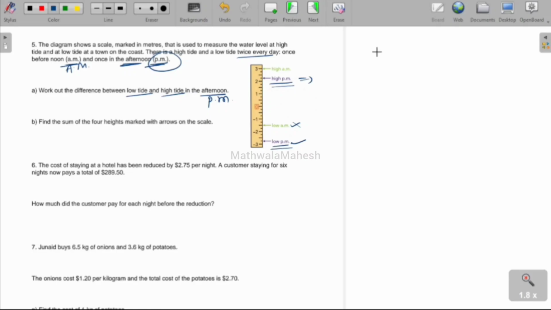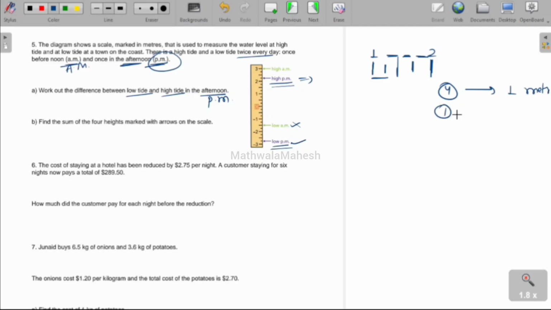If you can see, the scale is like 1 and 2. There are 4 lines between 1 and 2. So the value of each line: the gap is 4, which is 1 meter.